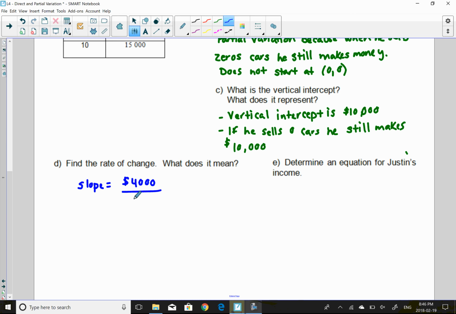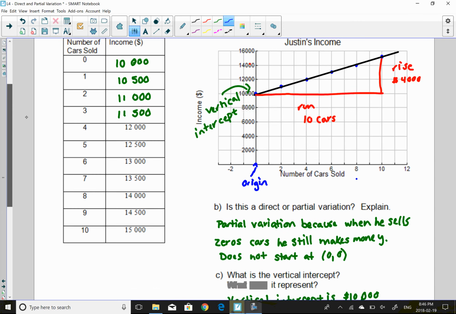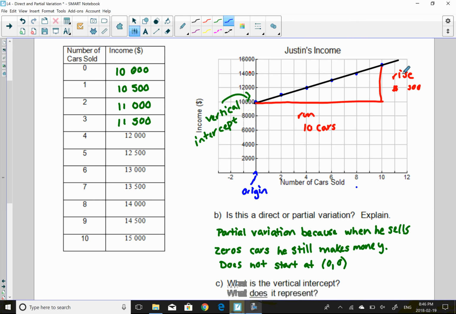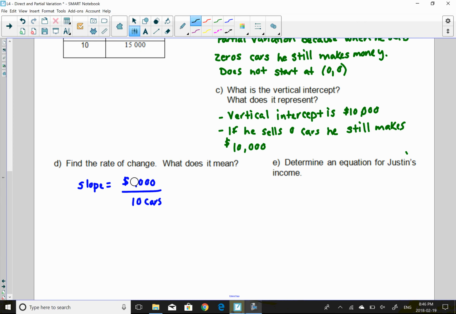Rise divided by run. So this was 4,000. Did I have the wrong number? Oh, whoops, that should be 5,000. This was 15 here. Okay, so that should read 5.